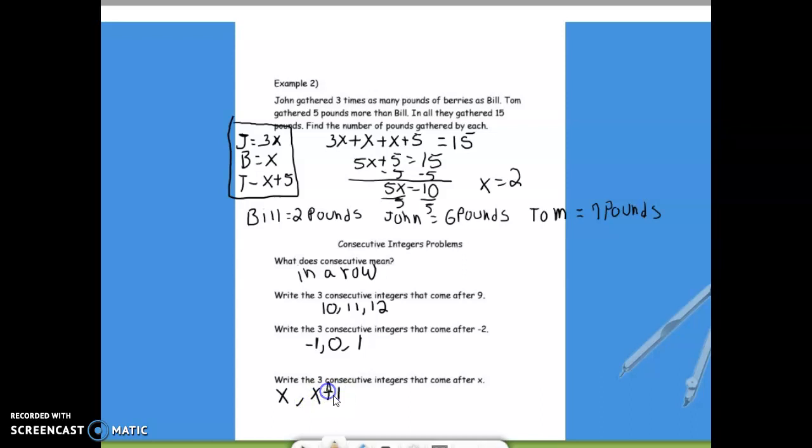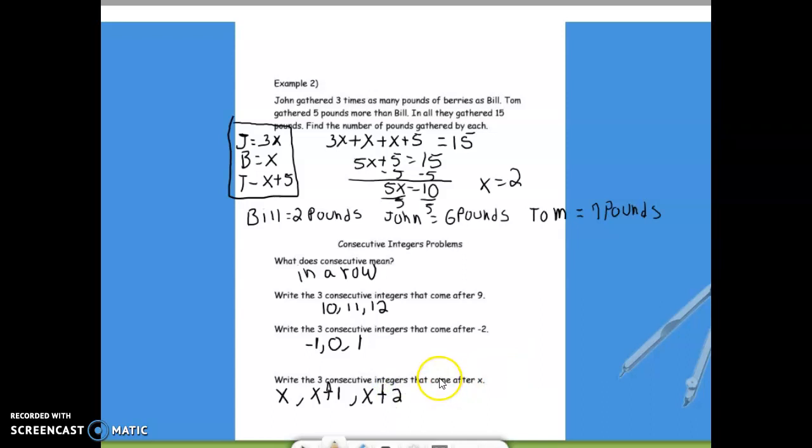Wouldn't that make sense? So 10 plus 1 would be 11. So now if we wanted to get to 12 from x, we do x plus 2. All right. So that's kind of what we're going to be looking at.